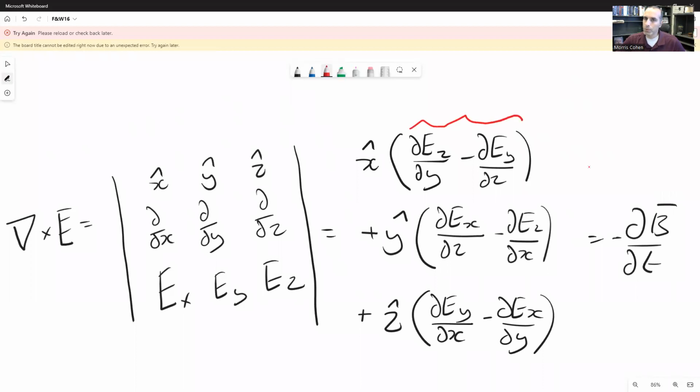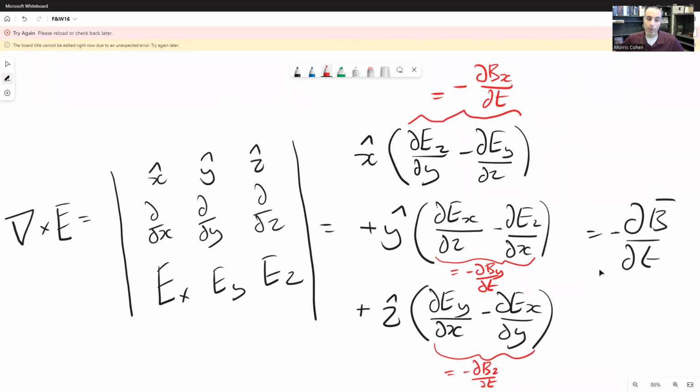This pair of partial derivatives right here is equal to negative the time derivative of the x component of B. This pair of partial derivatives equals negative dBy/dt. And this pair down here equals negative dBz/dt. So in that sense, we have three equations that are encompassed by this Faraday's law, this curl equation.